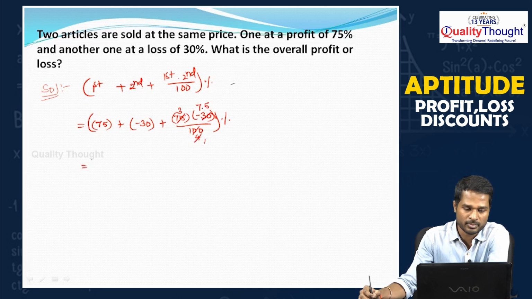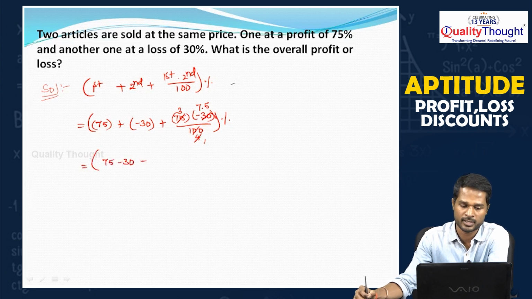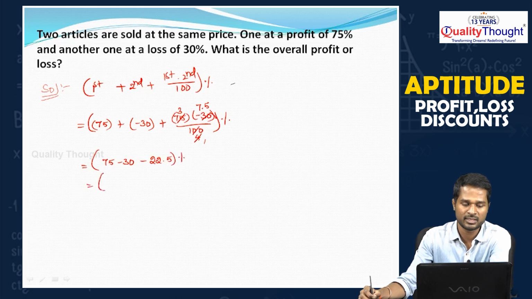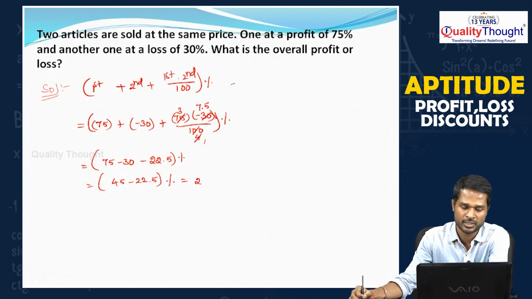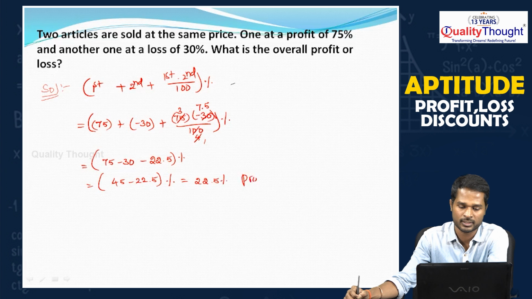So, open the brackets, inside the bracket 75 minus 30. So, this is plus into minus, minus 3 into 7.5 is 22.5 percentage. So, this is 75 minus 30 is 45, minus 22.5, overall percentage, that is 22.5 percentage is the profit that occurred.